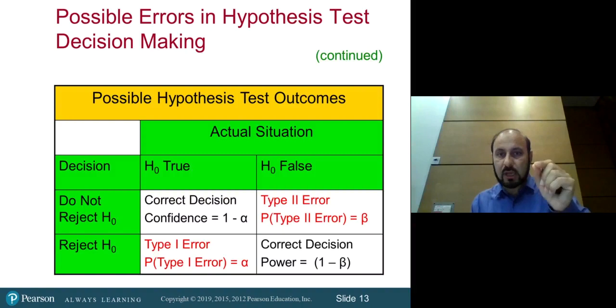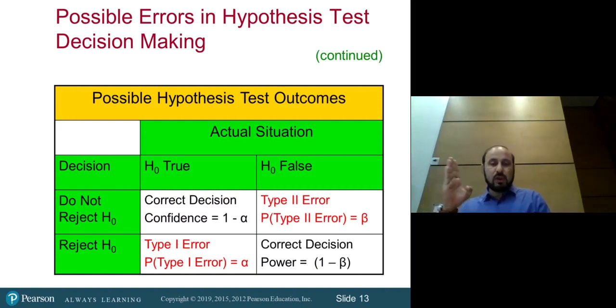But if H0 is true and you have rejected it, you encounter type 1 error. Type 1 error is denoted alpha, and confidence is 1 minus alpha. Remember these two, later we will need them.